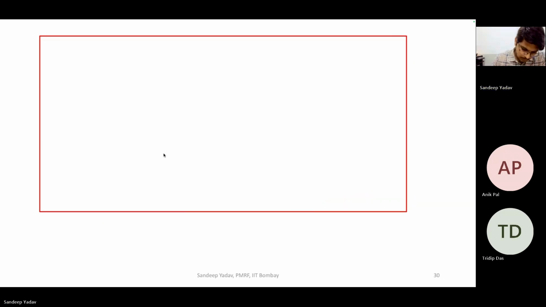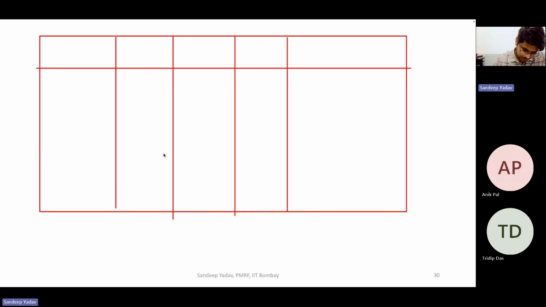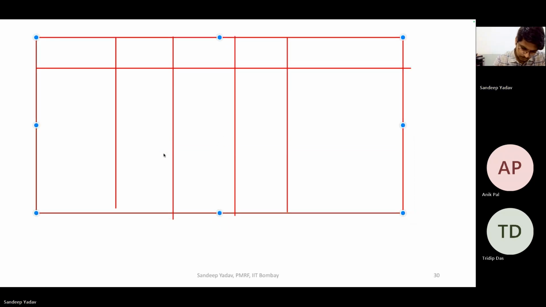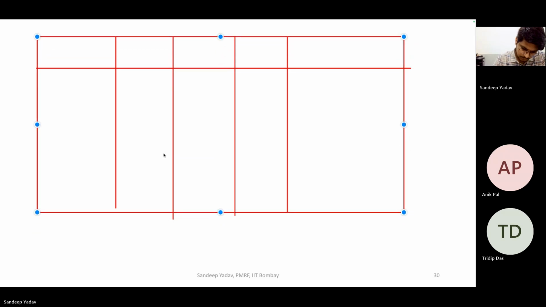First, we will make a table. This is a three sector economy: sector 1, sector 2, sector 3. And this is the final and total demand.